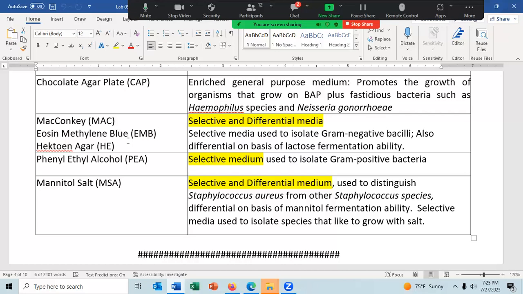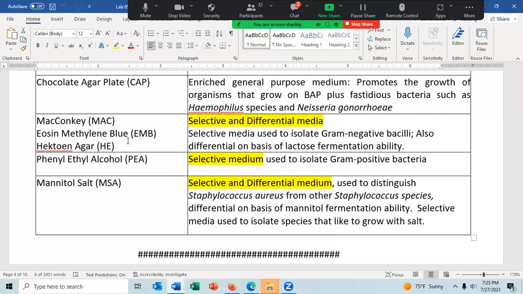And then we have selective media. We only have one that we're going to talk about. That's PEA, or phenyl ethyl alcohol. The phenyl ethyl alcohol selects against gram negatives. So if the bacteria grows on PEA, it's likely to be gram positive. And then there's mannitol salt agar, which is both selective and differential.